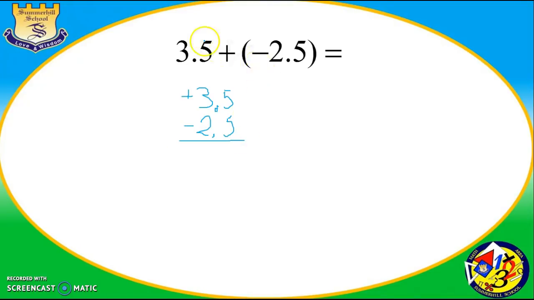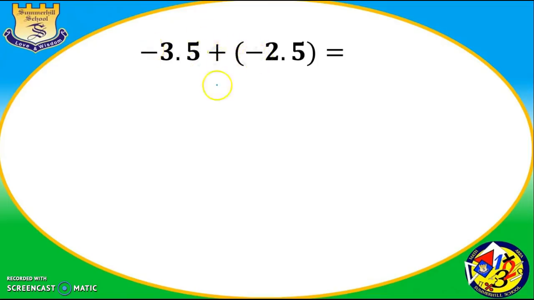Don't forget that the answer is according to the biggest number sign. In this case, the biggest number is 3.5, so the answer is going to be positive. 5 minus 5, 0, and 3 minus 2, 1. Well, and the point. Don't forget that in addition and subtraction it is mandatory to line up the point. So the answer is 1.0.